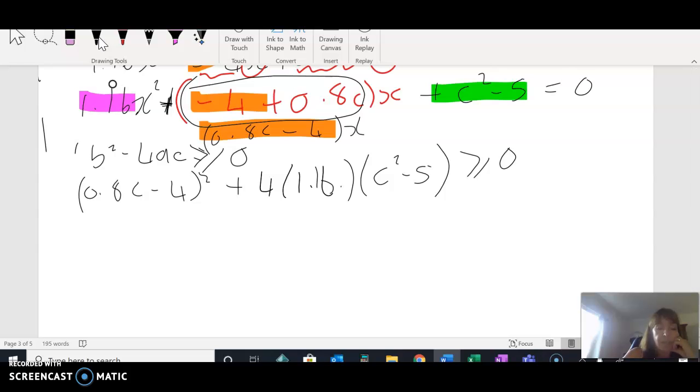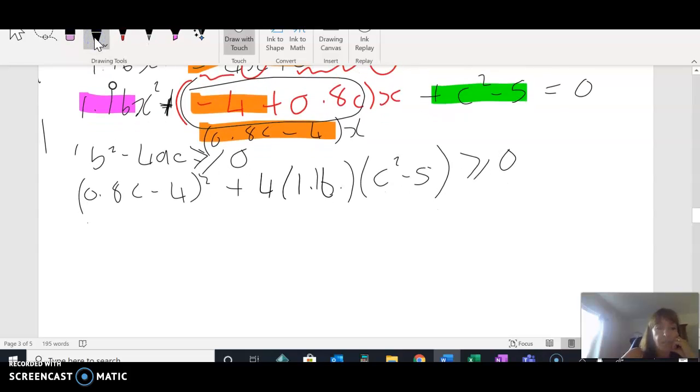0.8c squared is going to give me 0.64c squared.